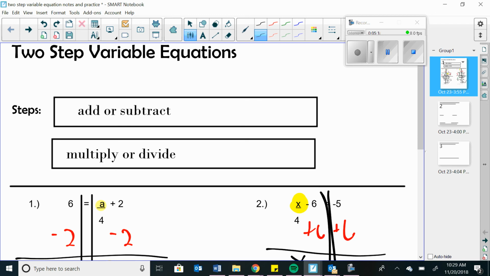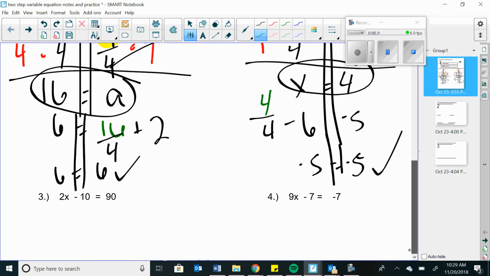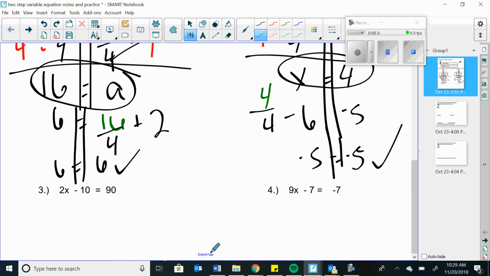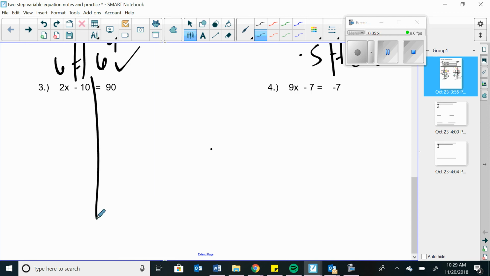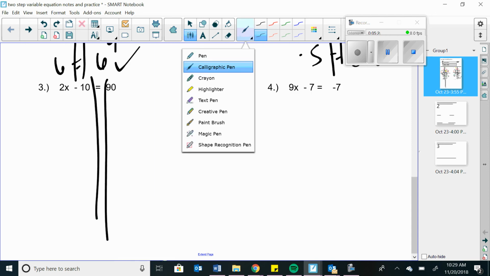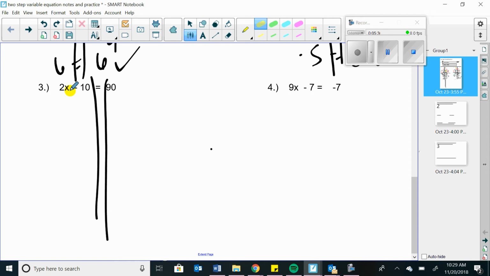All right, trying some more. I've got one more problem because this probably is going to not let me record so much. Letter is X, so I'm starting with this side. Minus 10, add 10, plus 10, plus 10.